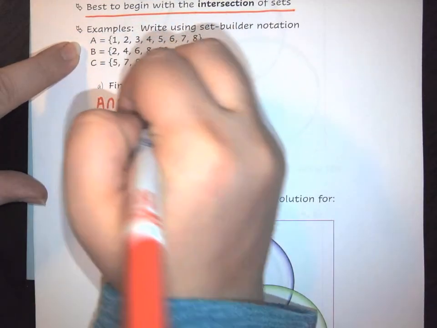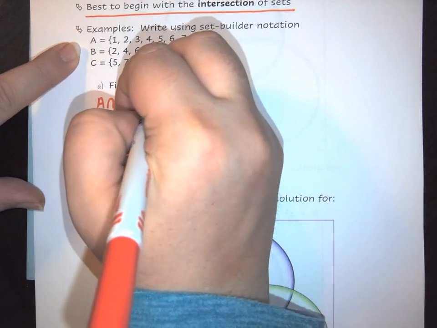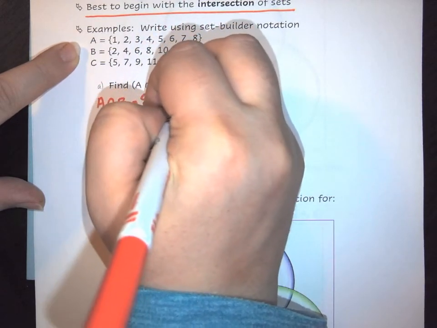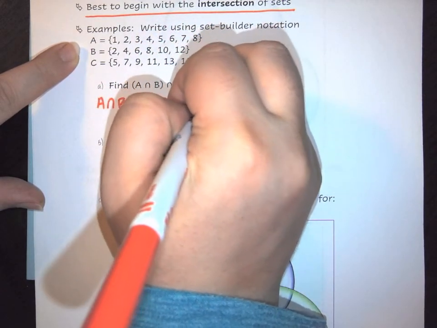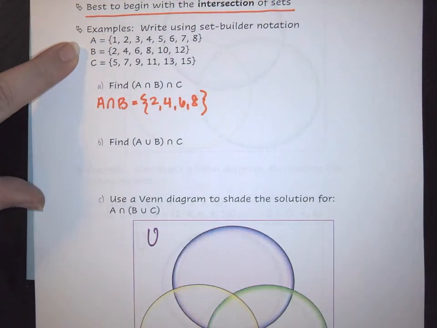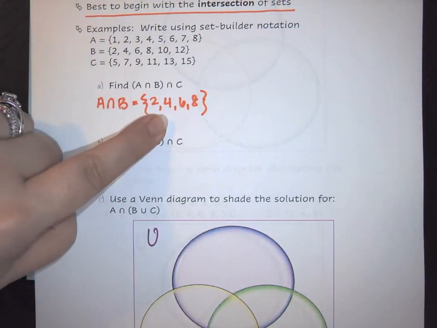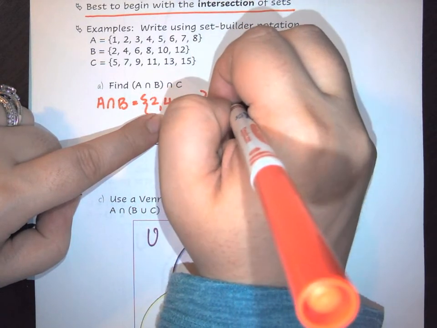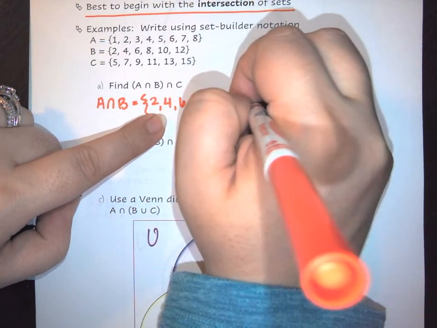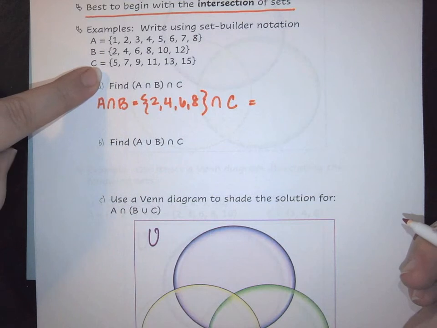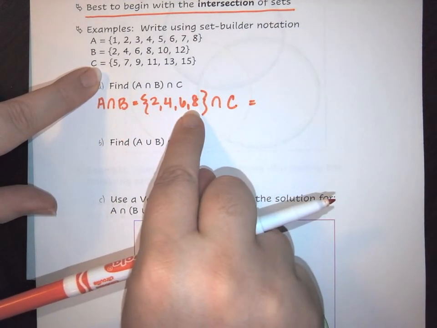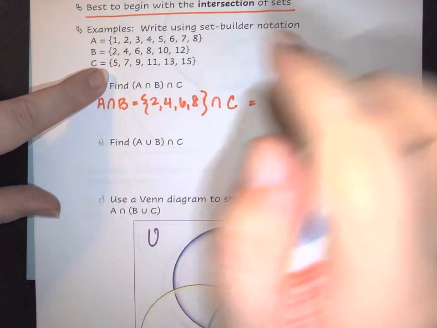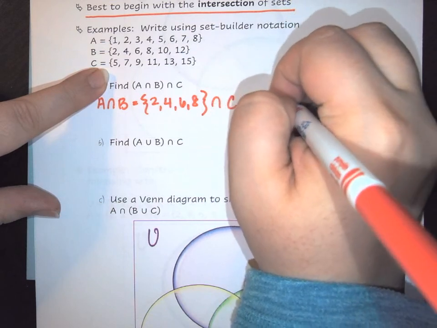And so here, between these two sets, I'm going to have 2, 4, 6, and 8. Now the next thing I want to do is take the set that I just found, and intersect it with C. Well, when I do that, I have the set 2, 4, 6, 8. Remember, intersection is which ones are in common, and in this case, none of them.